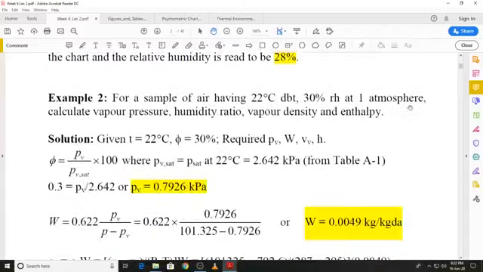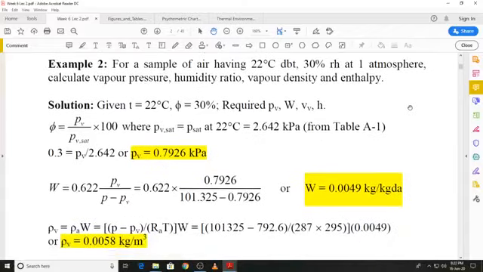I will now move on to the second example, and this time we are given an air sample again at atmospheric pressure of 1 atmosphere with a certain dry bulb temperature and relative humidity. That means we can locate the state and then obtain the other properties which are asked in the question.